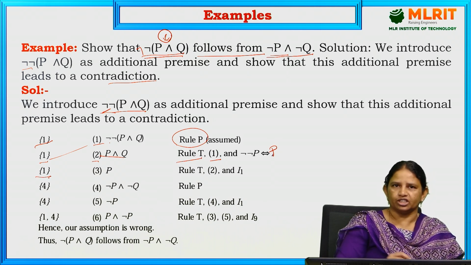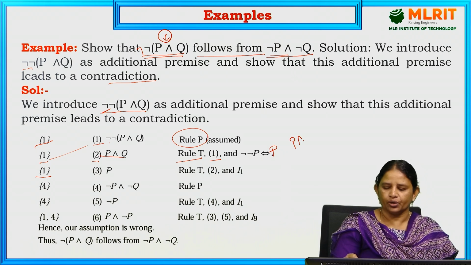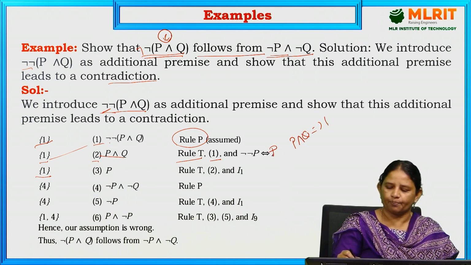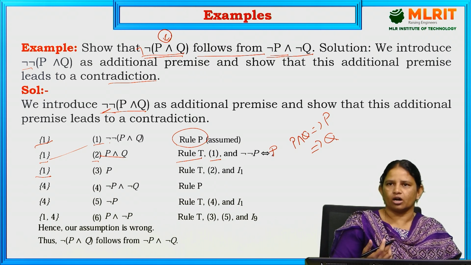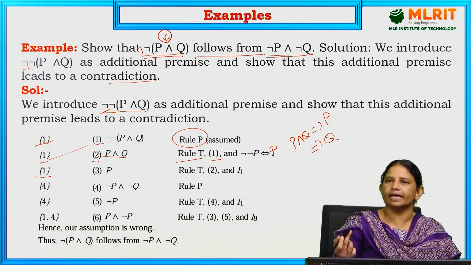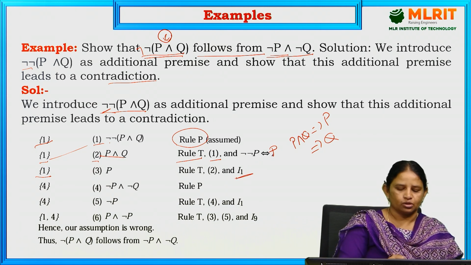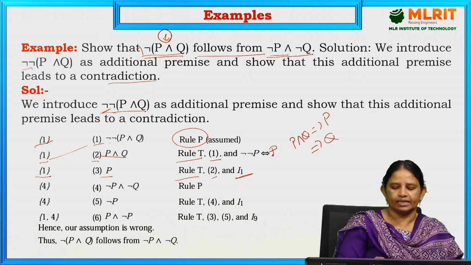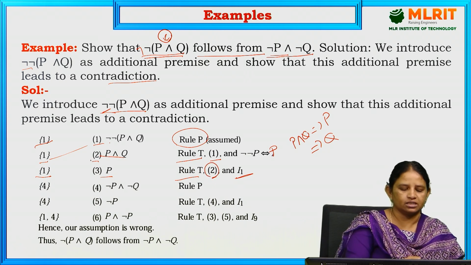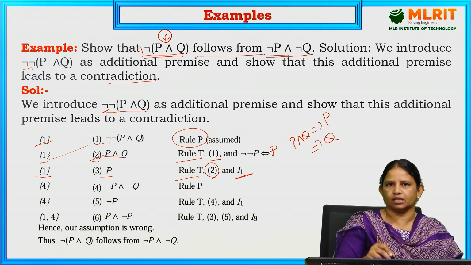According to implication 1, from P and Q we can write either P or Q. This is derived, so we call it rule T, and we apply it to step number 2, using implication number 2.